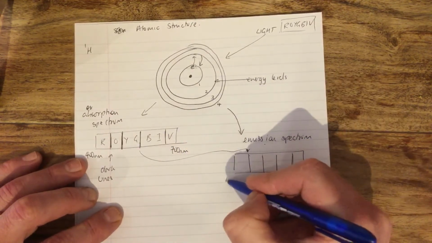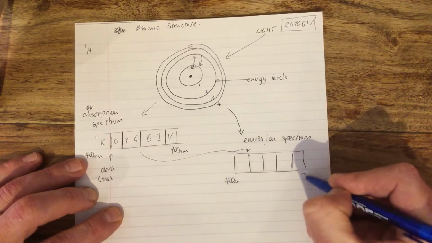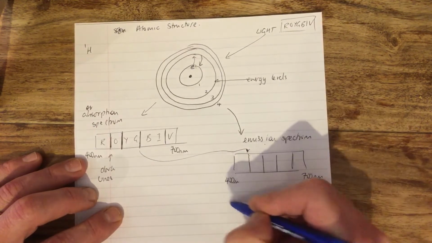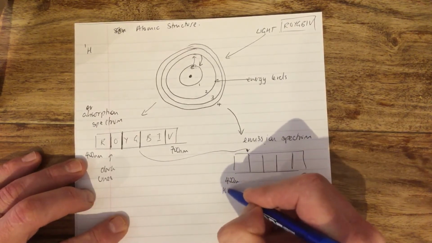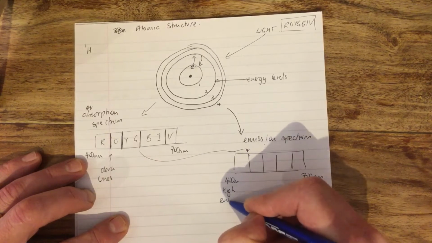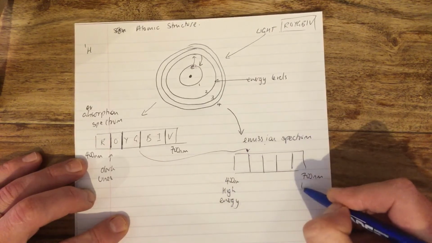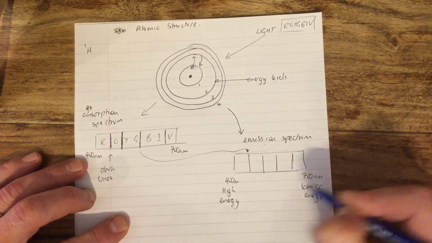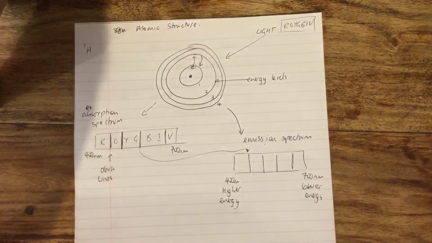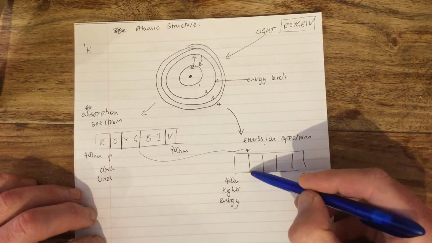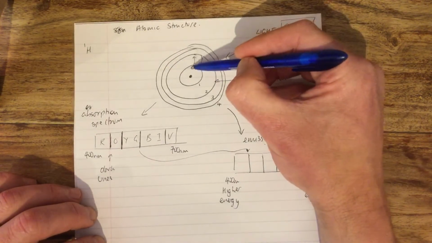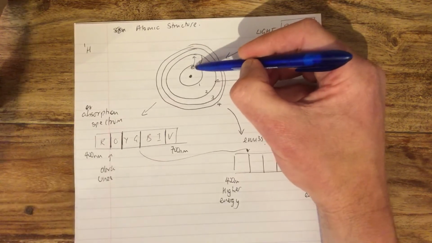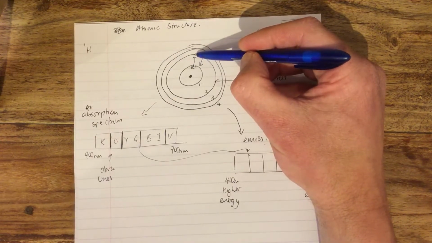In terms of this, this is 400 nanometers, there's 700 nanometers. I'm talking about visible light, so this is 400 nanometers to 700 nanometers. A short wavelength is high energy, and a longer wavelength is lower energy. Now these gaps correspond to specific energy transfers from this electron going up to this energy level.